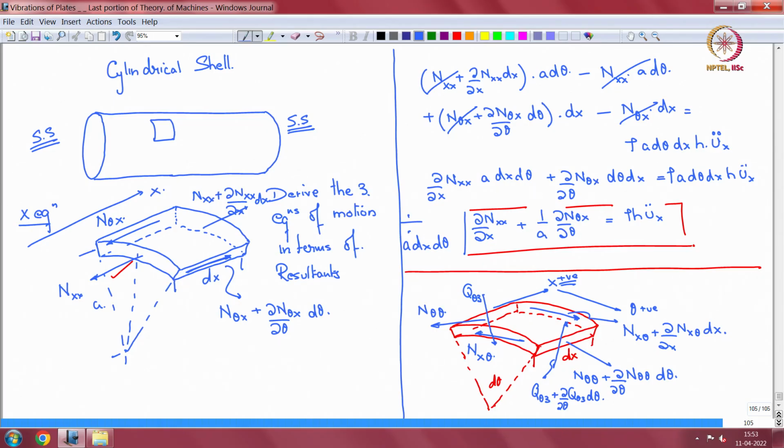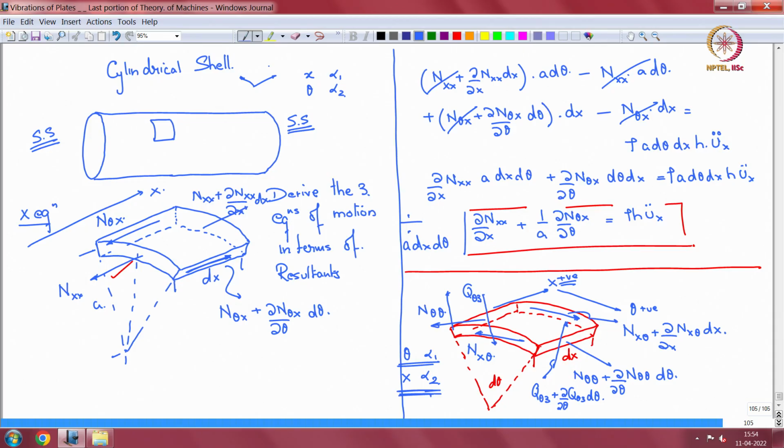The way I would still like to stick with a right-handed coordinate system. So for this case, let's take theta to be alpha 1, x to be alpha 2. Then we don't have a problem. I was a bit worried because I started off earlier with x as alpha 1 and theta as alpha 2, so x was this way and theta was this way.